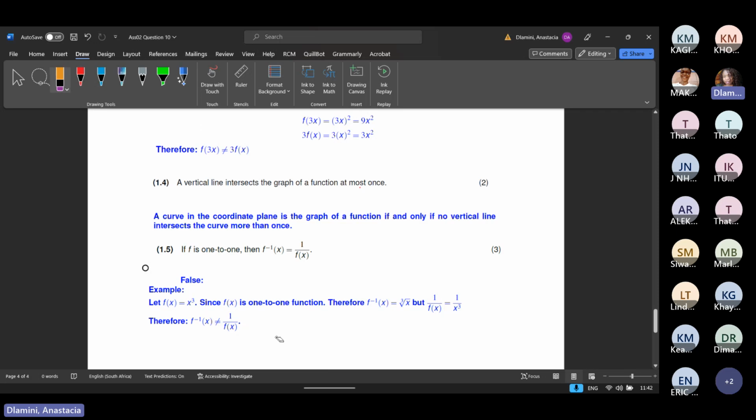That is not true, because if you have f of x equals x to the power of 3, the inverse is equal to this over here. So we know one over f of x is one over x cubed, which is not the same as the inverse. So this statement is false.